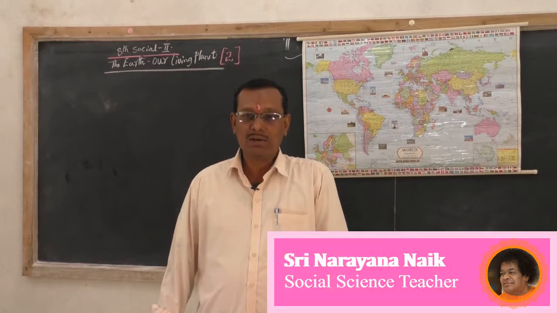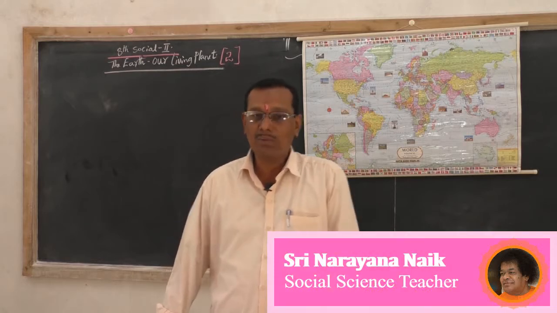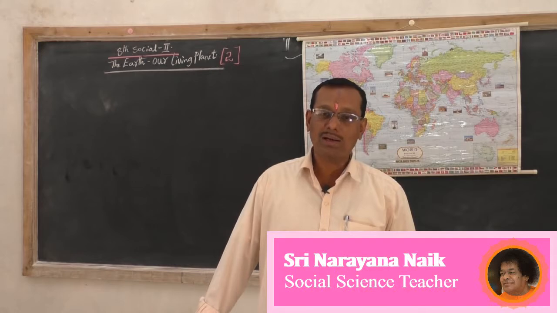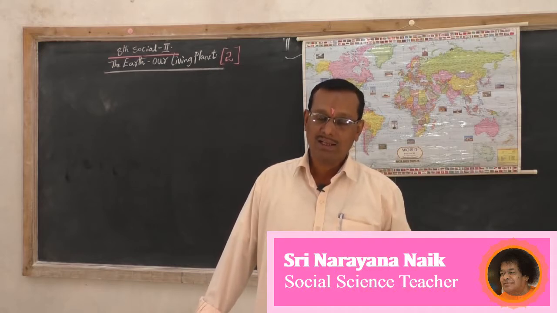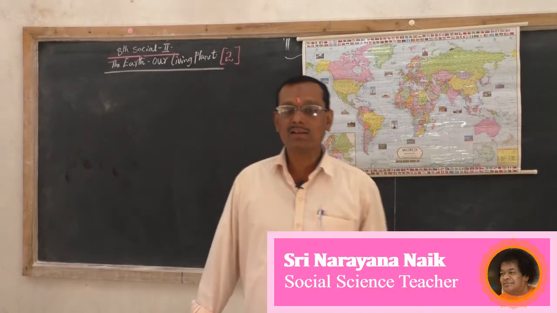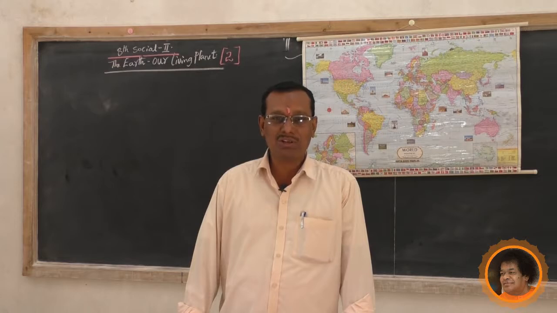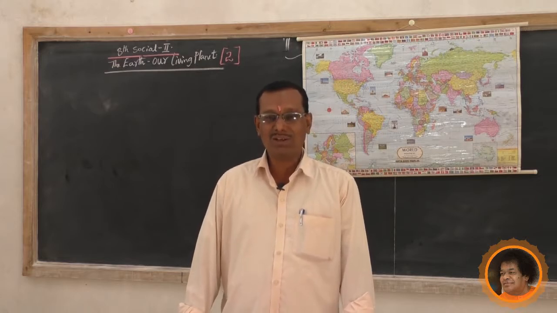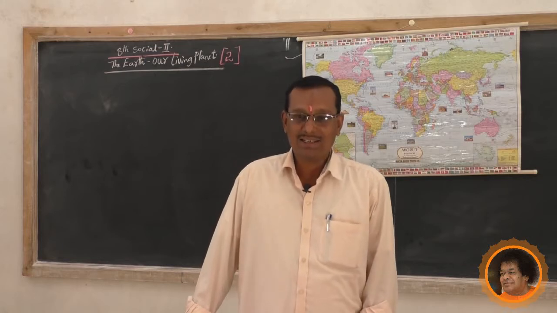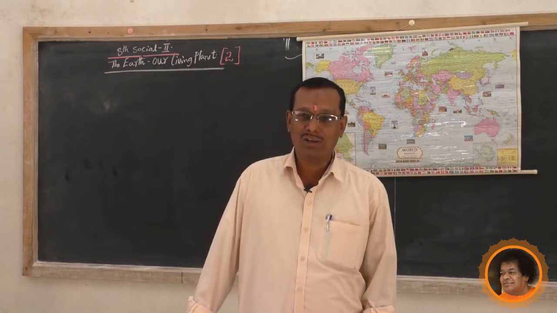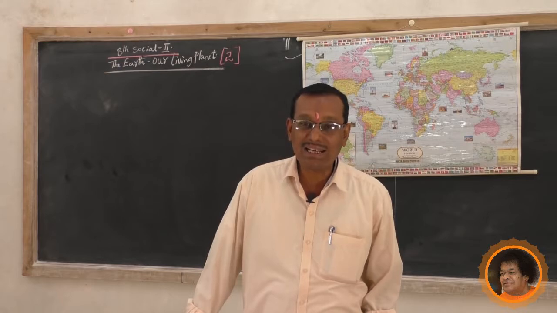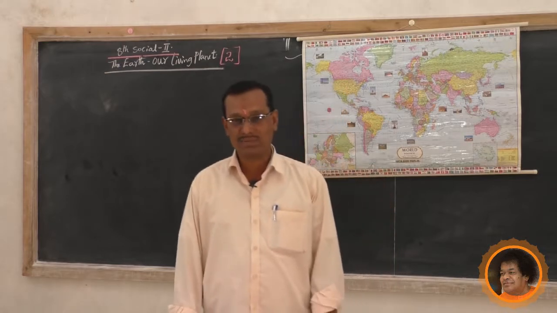Dear students, in our previous class we studied about the Earth, our living planet. Under this heading we studied the different names of Earth and the etymological meaning of the term geography. Now, what is geography? Geography is a scientific study of Earth's surface.